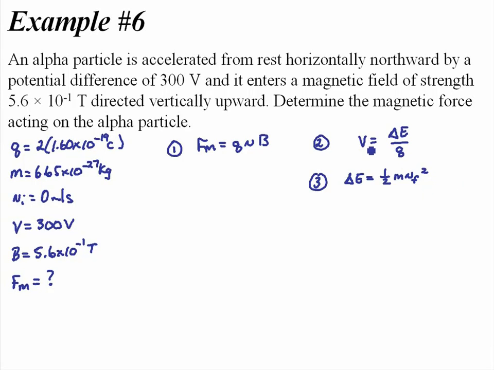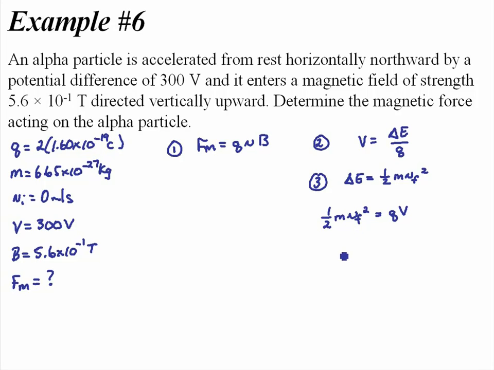So what I'm going to write is, first of all, change in energy, which is going to be 1/2 mVF squared equal to QV. We worked with this formula in the last unit. We're going to manipulate this for velocity.